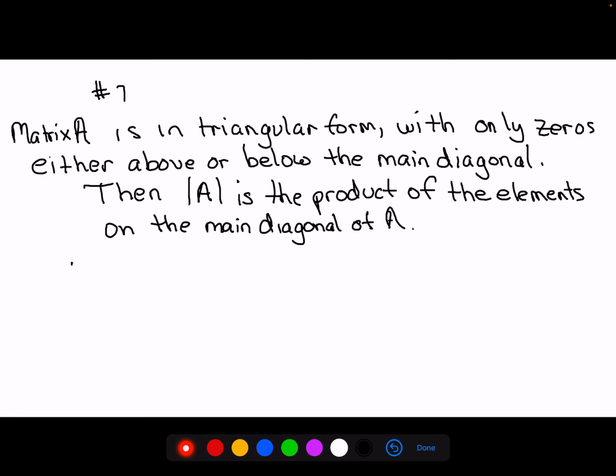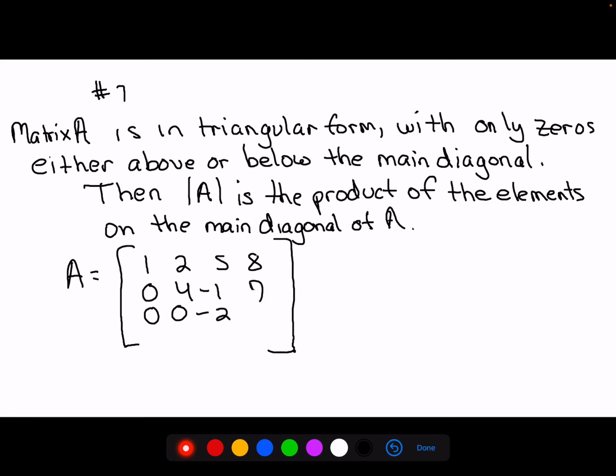Okay, for example, let's say A is the 4 by 4 matrix 1, 2, 5, 8. Don't let it scare you though, because I'm going to be demonstrating this rule. Now you could go through and find the determinant using the same process we did earlier.